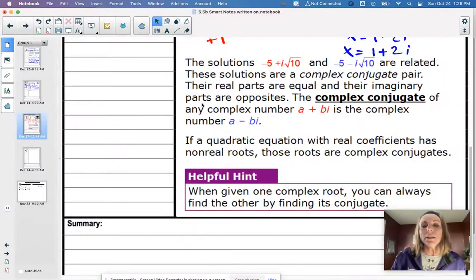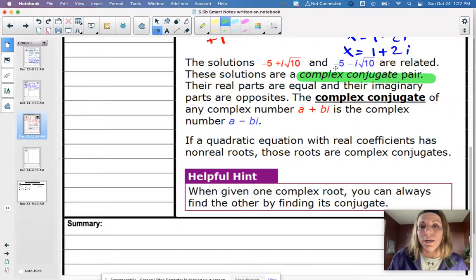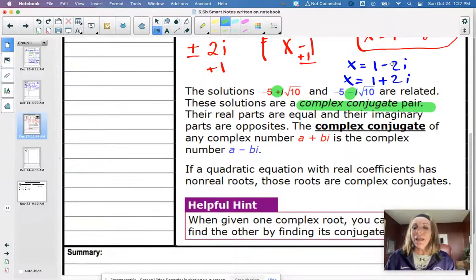The solutions -5 plus i root 10 and -5 minus i root 10 are related. These solutions are a complex conjugate pair. Notice negative in front, negative in front. The only difference is this is a plus and this is a minus, just like all of these answers.